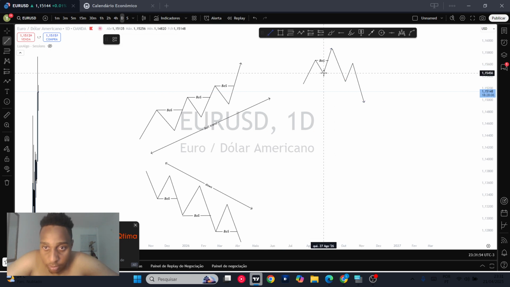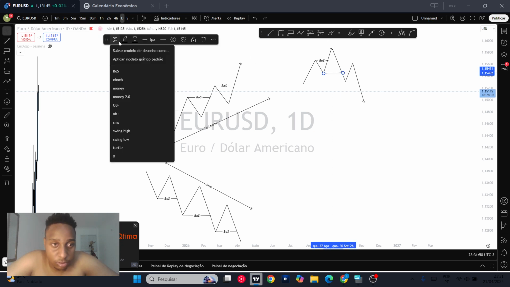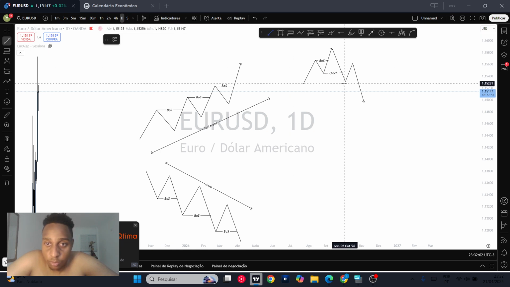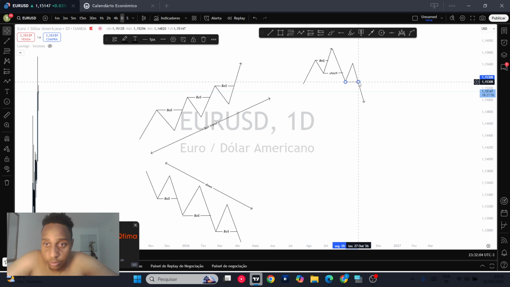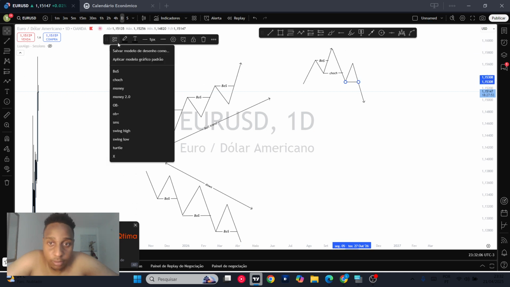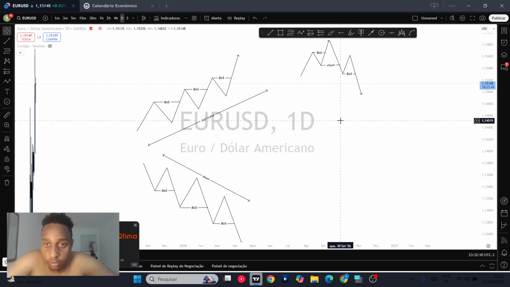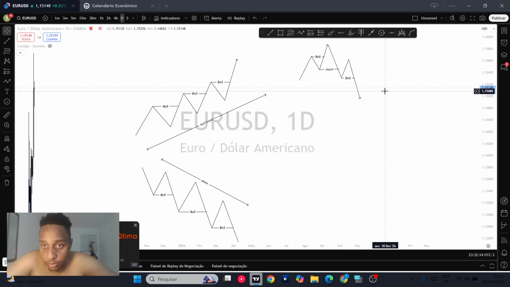So here we call this a change of structure, and then we call this a break of structure. This is a reversal pattern to the downside, from a bullish trend to a downtrend.